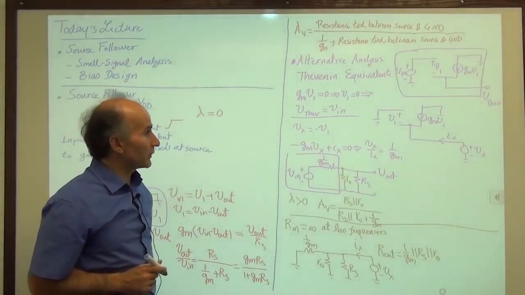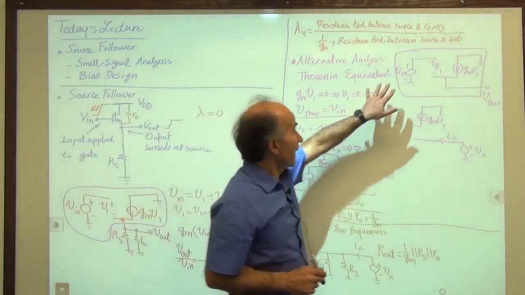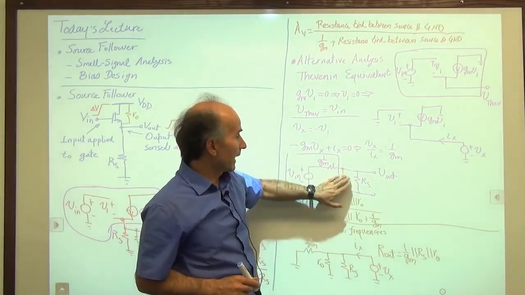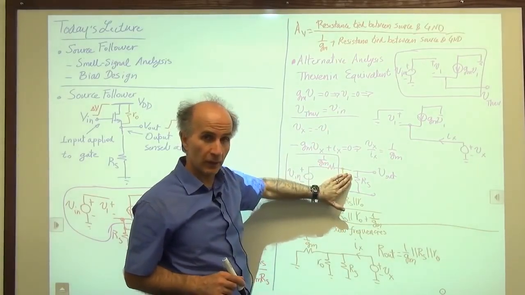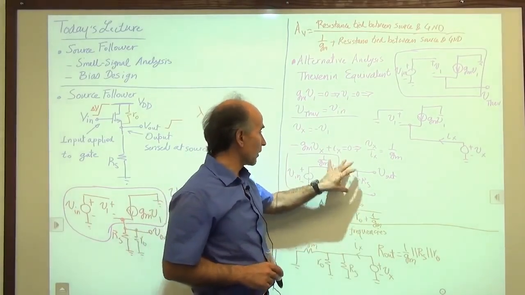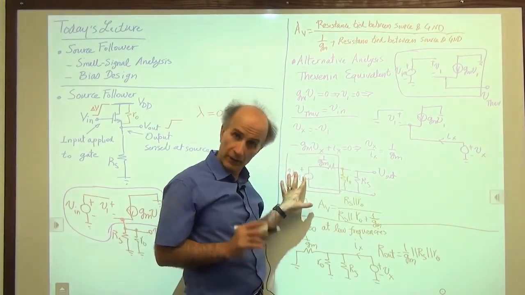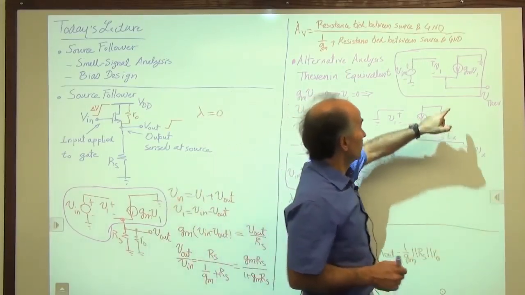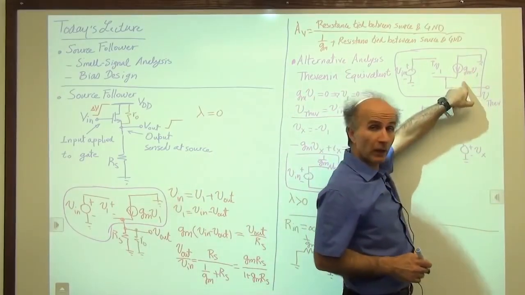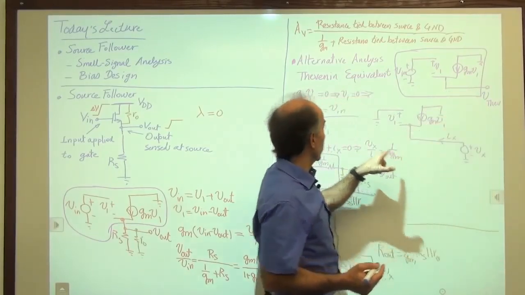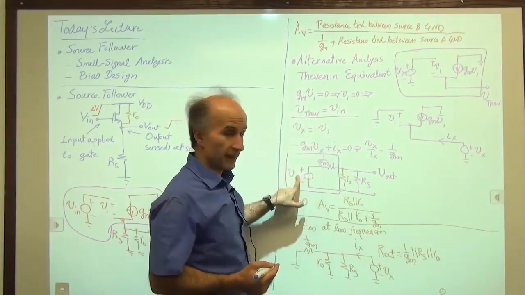One note of caution, when I analyzed the circuit like this and I got to here, I had not included channel length modulation. And for RO, I just dropped it outside this box. That's fine. Alternatively, you can go back and keep RO inside this box and find a new Thevenin equivalent in terms of the voltage and in terms of the resistance.